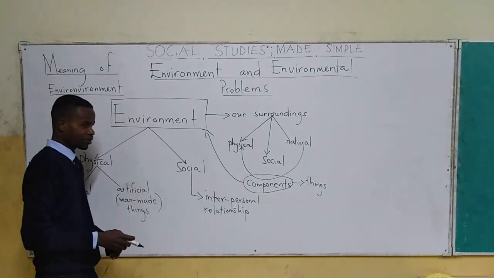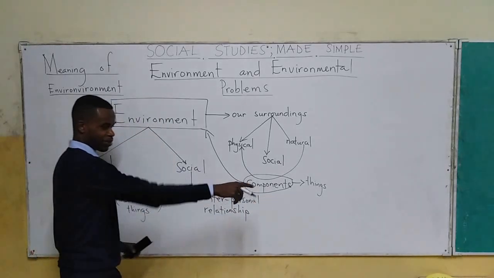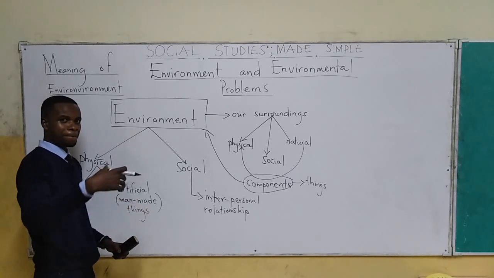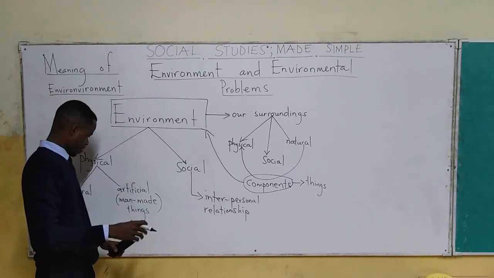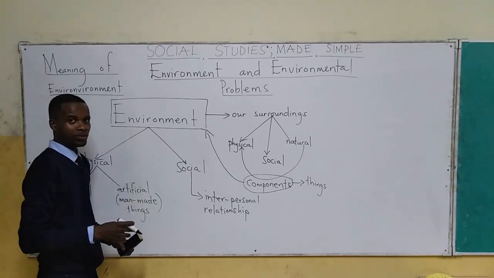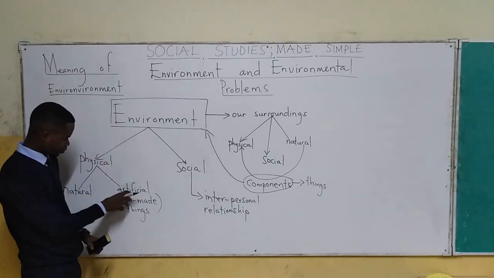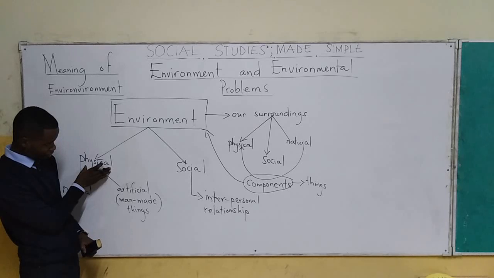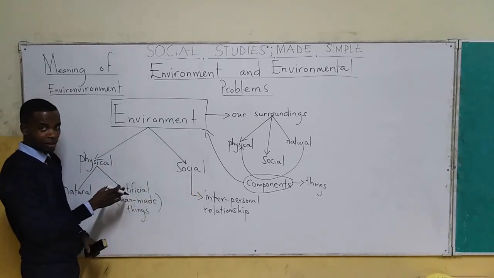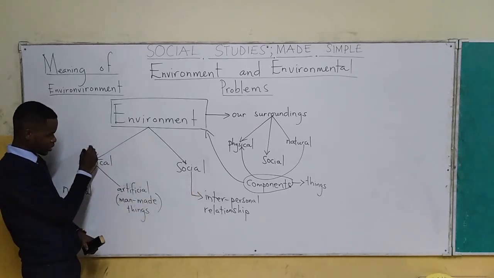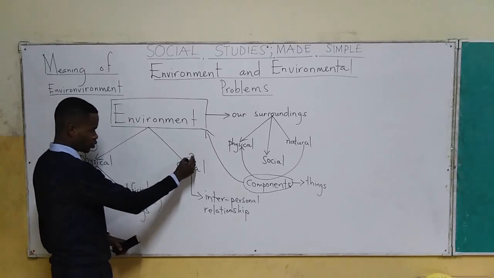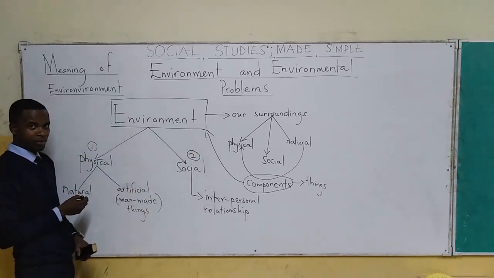Now, the breakdown. We said some of these are man-made, some are natural. They exist by nature. Good. So we have the physical and the social environment. These, we can say, are the two types of environment.